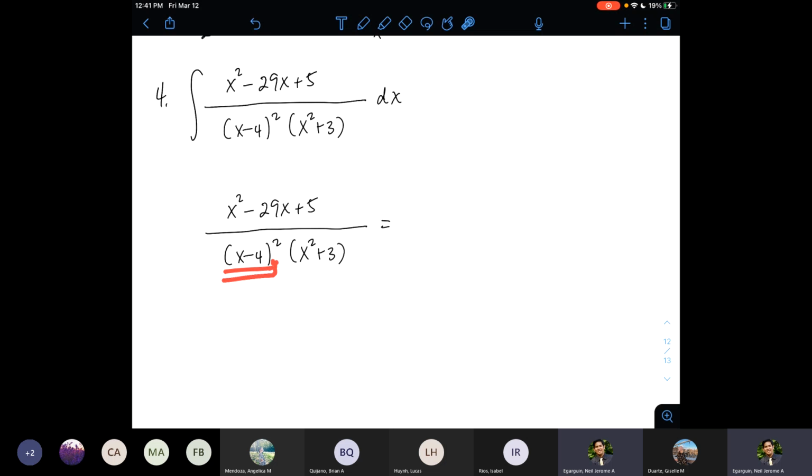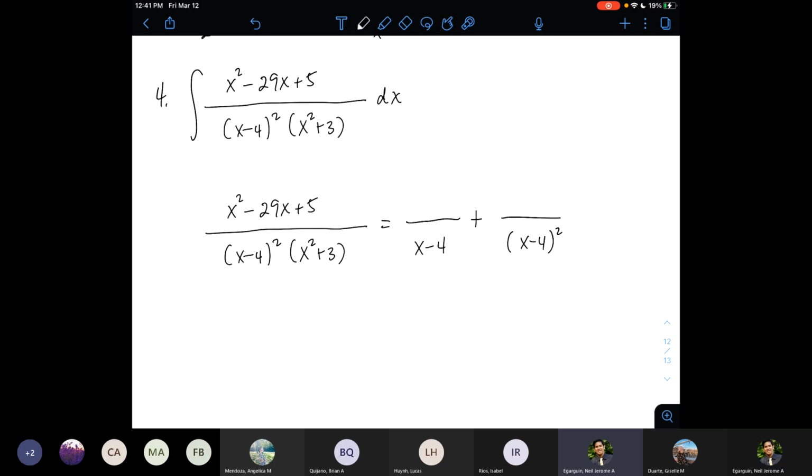Okay, so whenever you have repeated factors like this, the number of repetitions will also dictate how many partial fractions will correspond to that factor. So here x minus 4 is repeated twice. So that means it will have 2 partial fractions here. Okay, 2 partial fractions dedicated to x minus 4. But their denominators will be increasing powers.